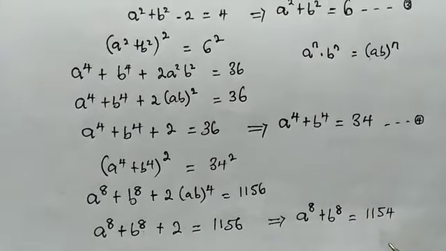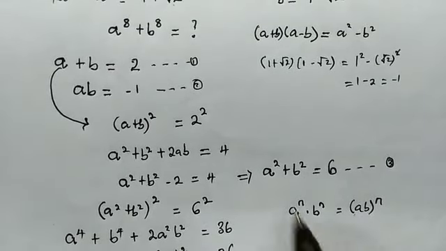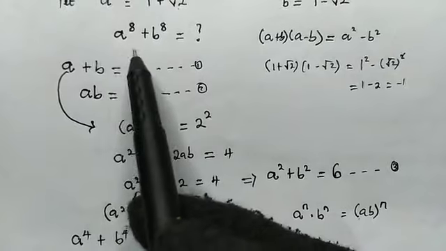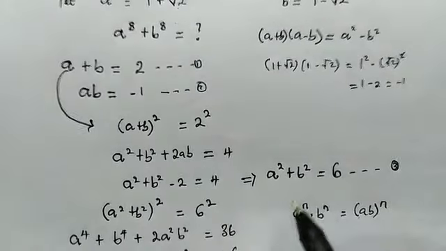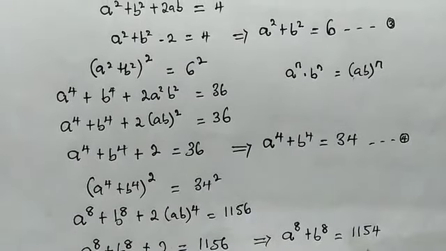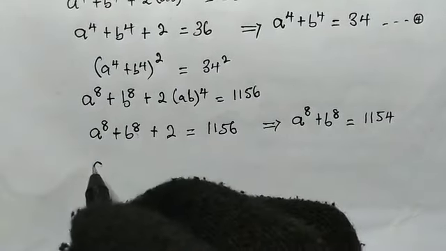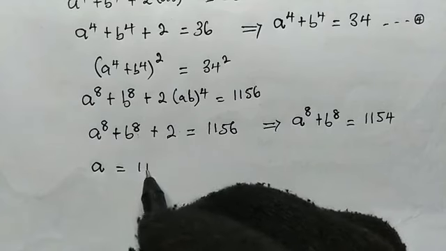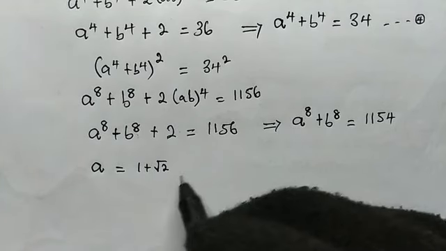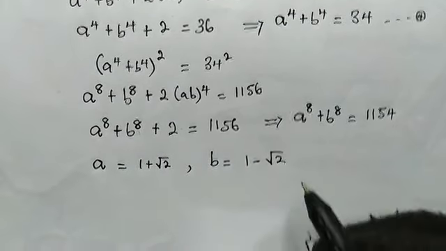We get A^8 + B^8 is equal to 1154. Now let us recall that we actually need the value of A^8 + B^8, which is equal to 1154, and that should be the correct answer to the problem. Remember, A is equal to 1 + √2 and B is equal to 1 − √2.